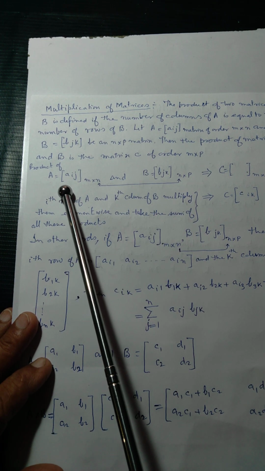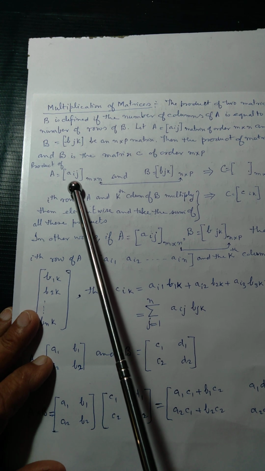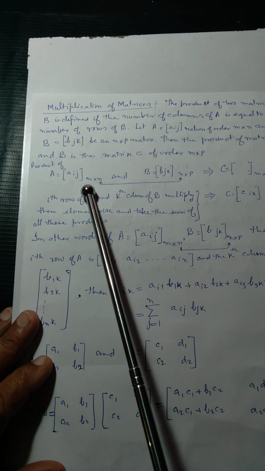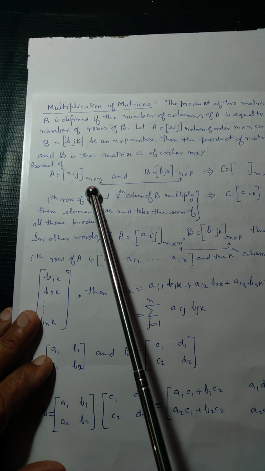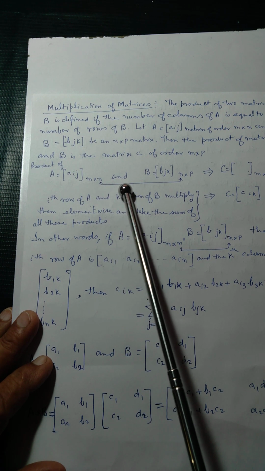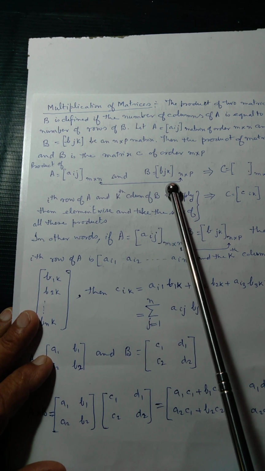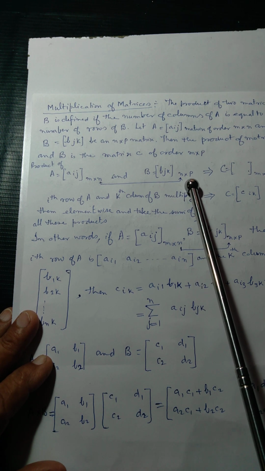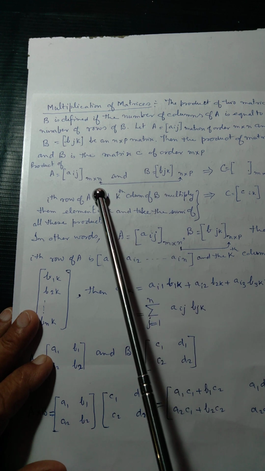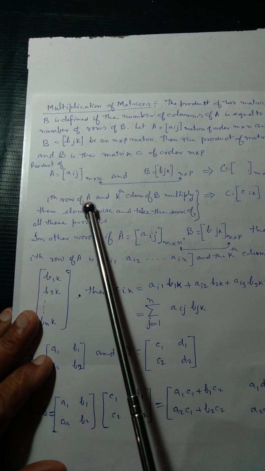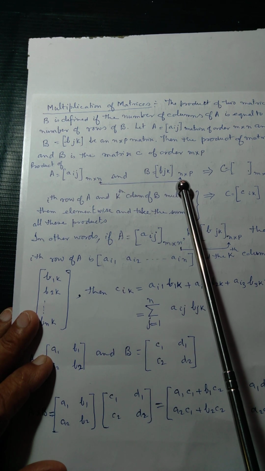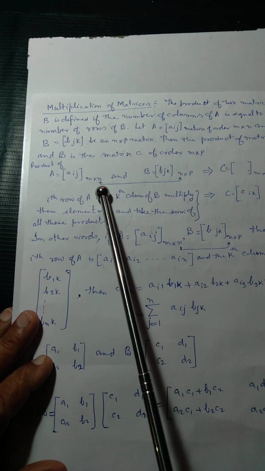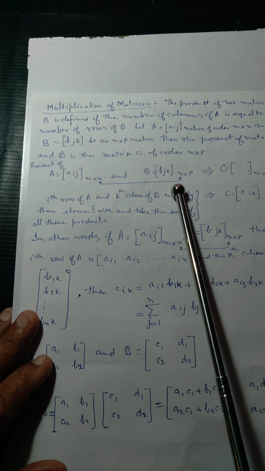Product of A, that is Aij, whose order is m into n, and Bjk, whose order is n into P. We have to see that the number of columns of A should be equal to the number of rows of B. This is the essential condition for multiplication.